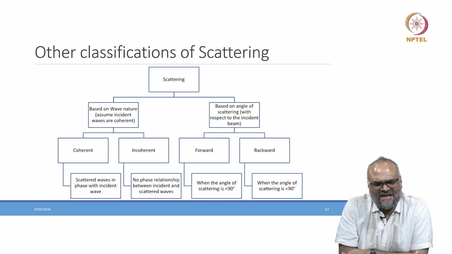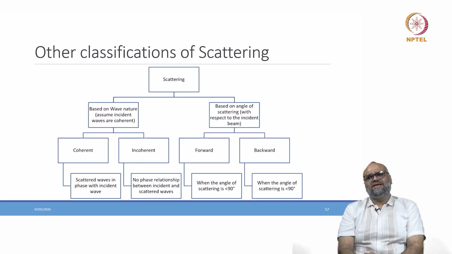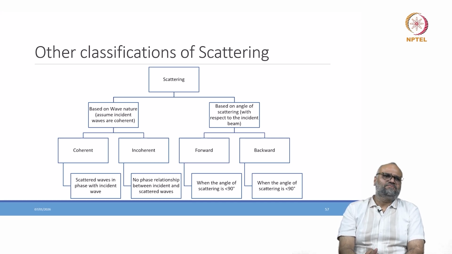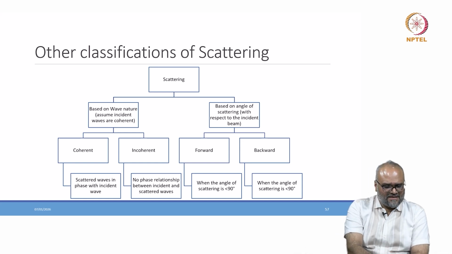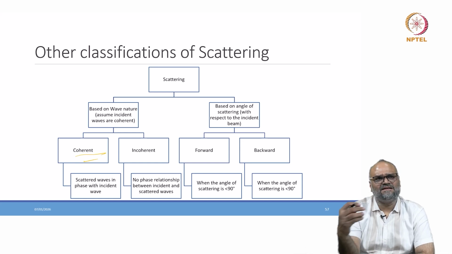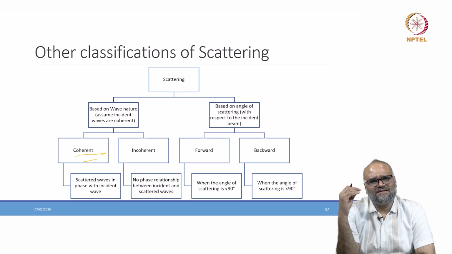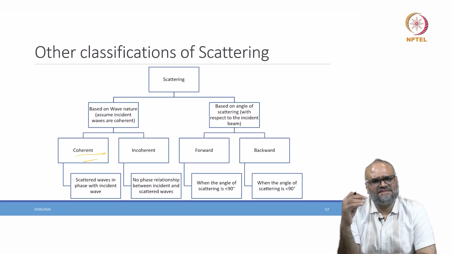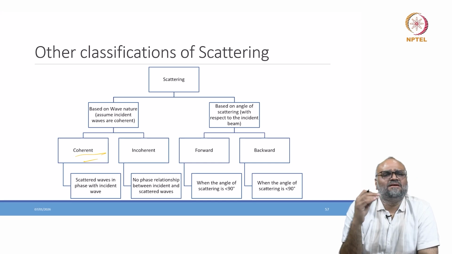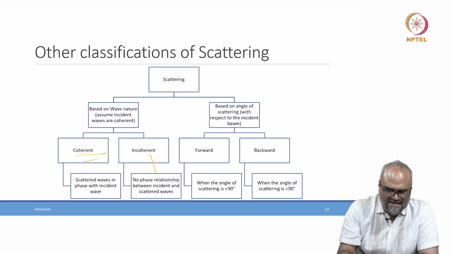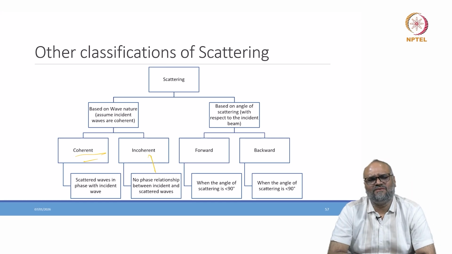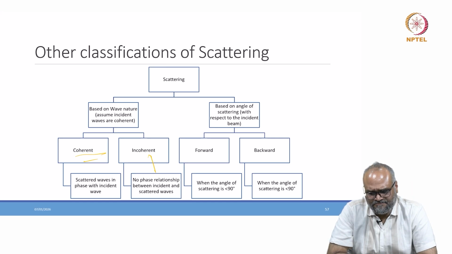So based on the wave nature, when you've seen the discussion on electron sources, we've seen something called coherency. If the electrons that are scattered all have the same phase, so the scattered electron has the same phase as the incident electron, you call it coherent scattering. When there is no phase relationship between the incident and the scattered wave, you call it incoherent scattering.